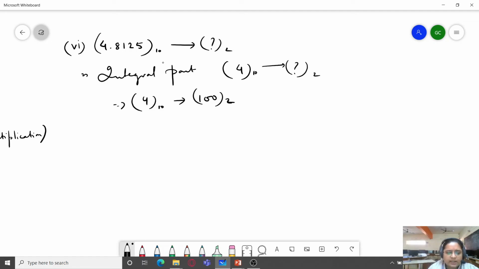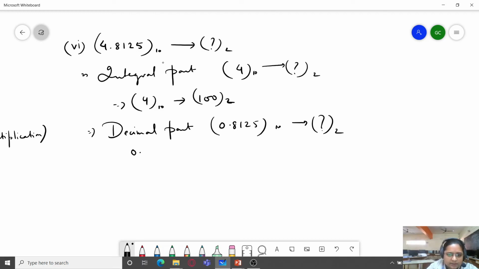So we can simply write 100, and its decimal part, that is 0.8125, into binary. This we need to do now using the repeated multiplication method.